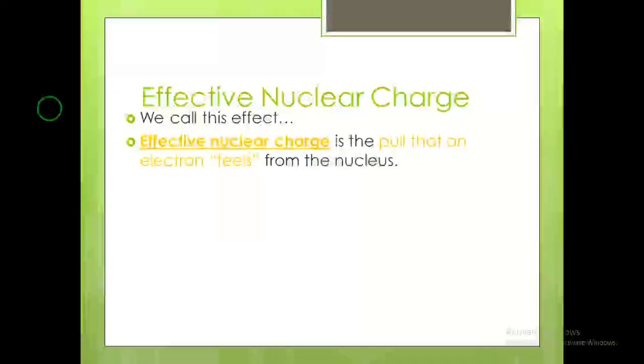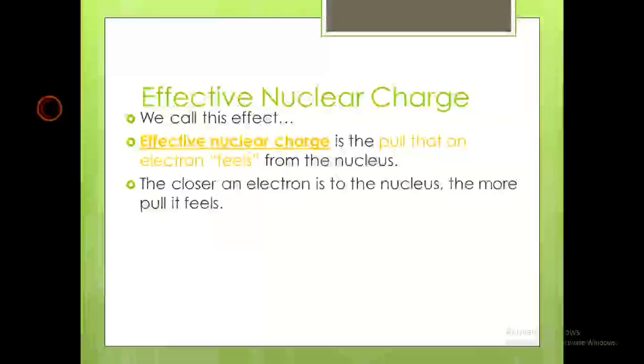That is the pull of an electron from the nucleus. The closer an electron is to the nucleus, the more pull it feels. So for those elements with just one shell, the pull is stronger. But when we add extra shells, we have what they call the shielding effect. That means because the extra shells are farther from the nucleus, what happens?